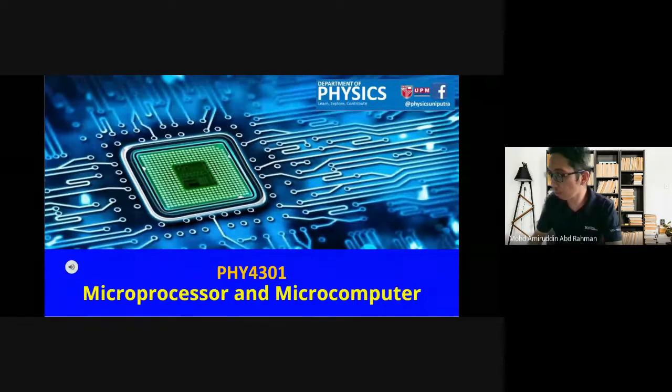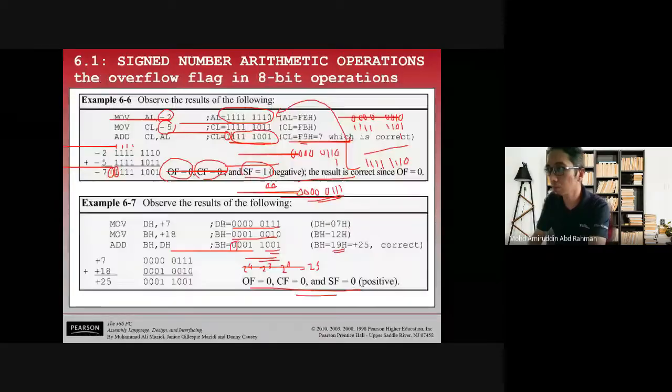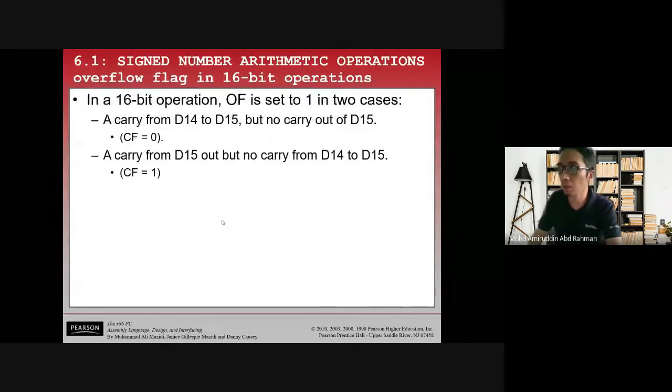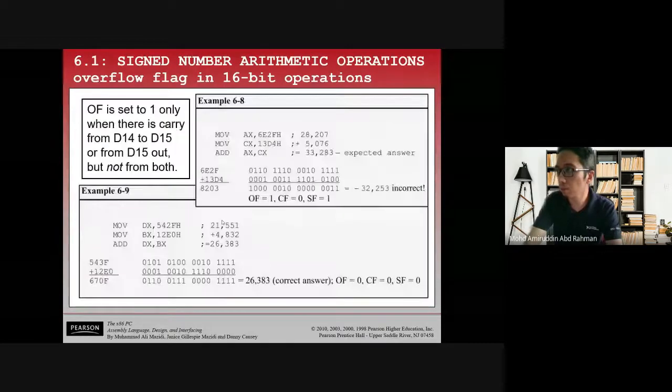Okay, so let's have a look at another example. This example will be in 16-bit, examples 6.8 and 6.9.